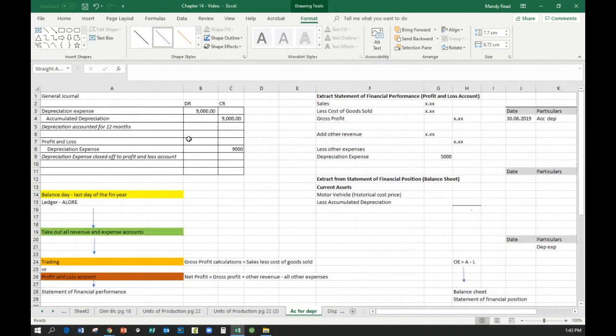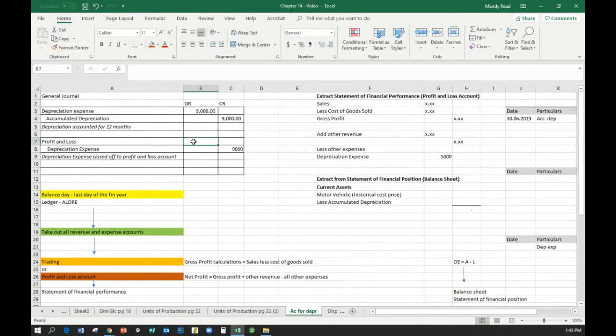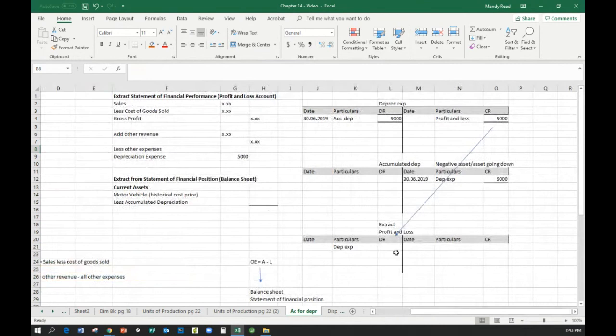So in my general journal, I'm going to put $9,000 on the debit side. I go back to my ledger and I put $9,000 on the debit side of the profit and loss account.